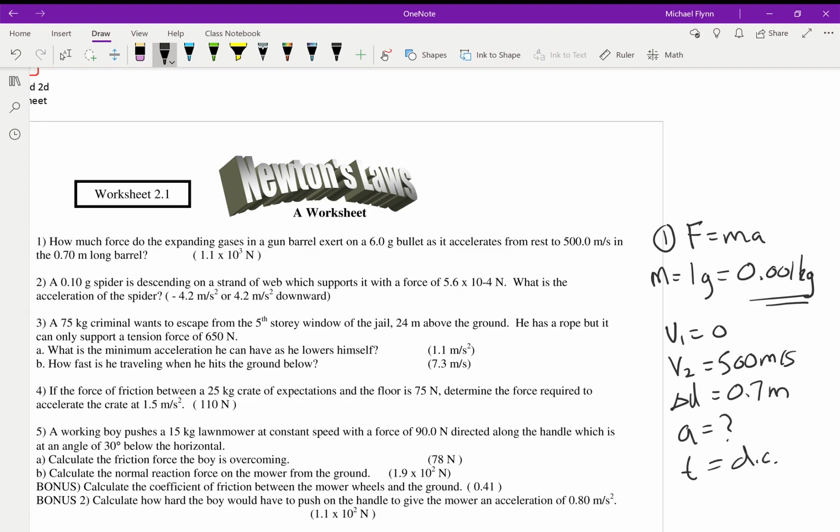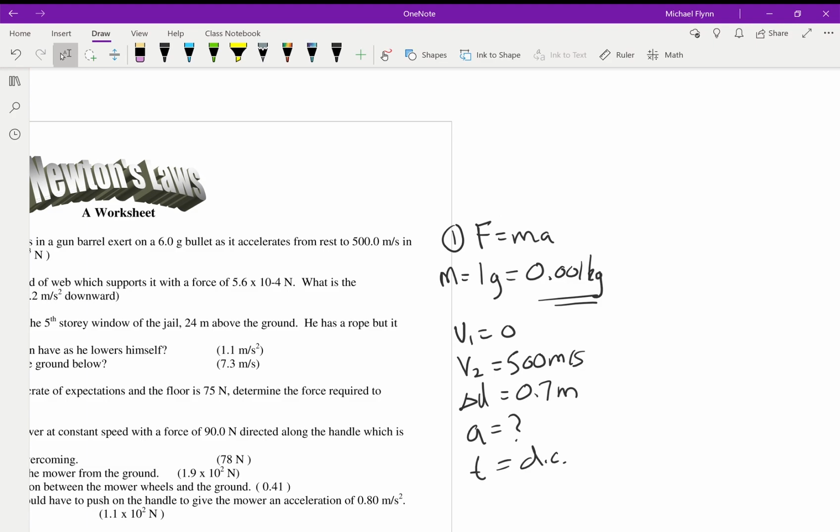Now, if you've been paying attention at all this semester, you see what I'm doing here, right? We're going to use this equation, sorry, v2 squared, equation number 5: v2 squared equals v1 squared plus 2a delta d. Solve it for a, okay?